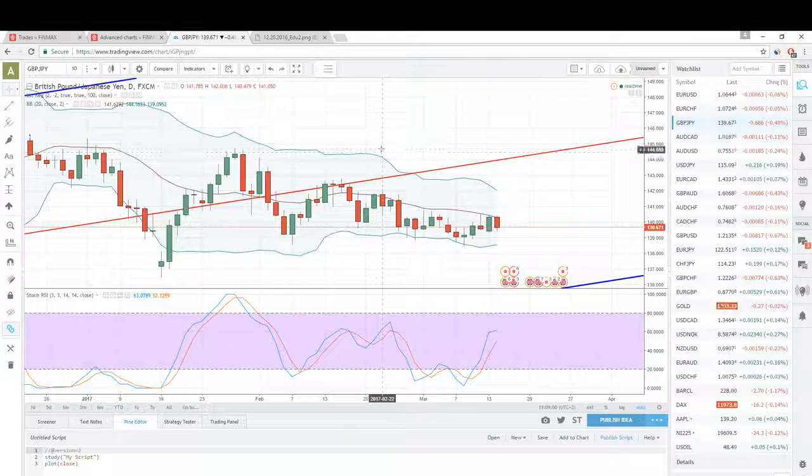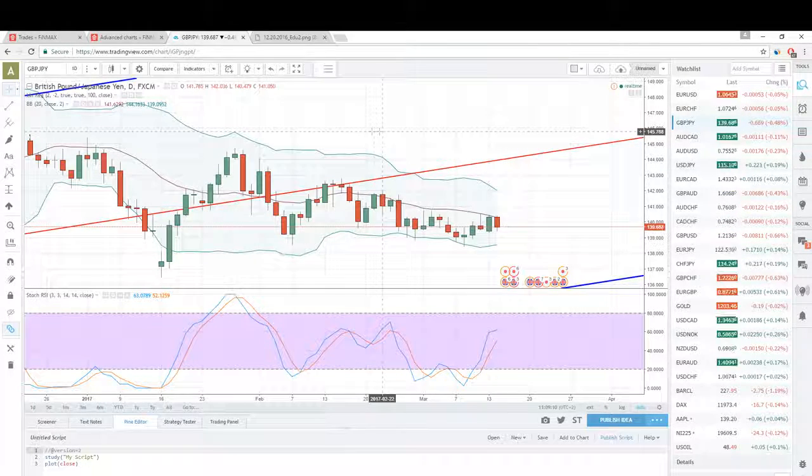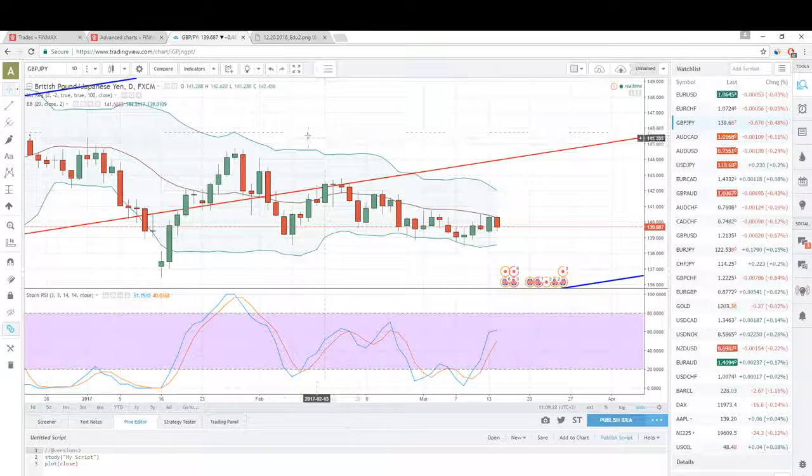pretty often. Okay, so it's really important to emphasize that dojis don't mean that the market is going to change, and they don't show the reversal of the market.